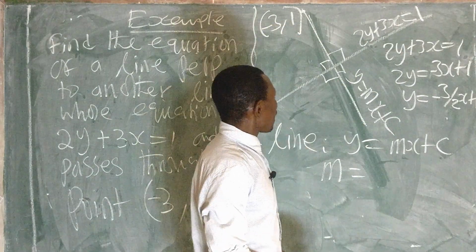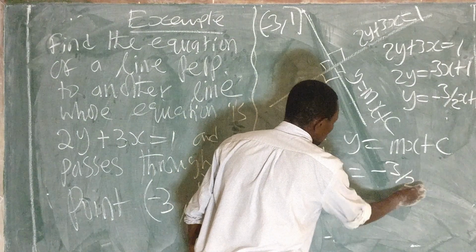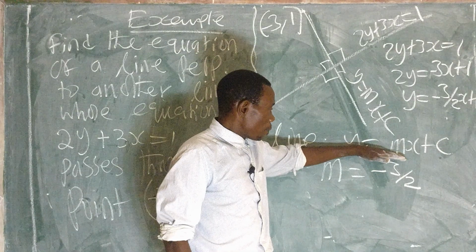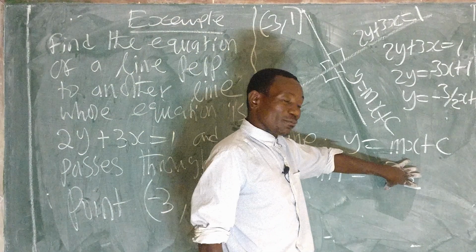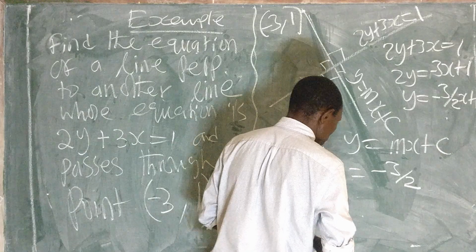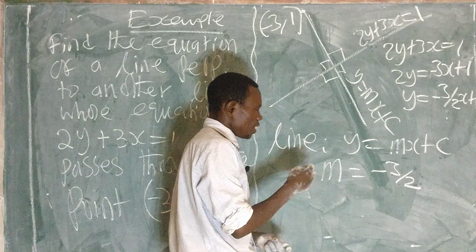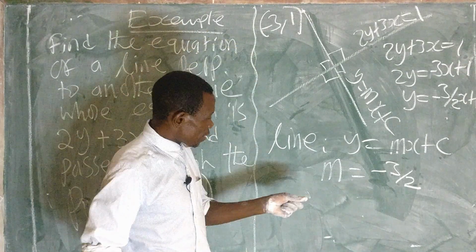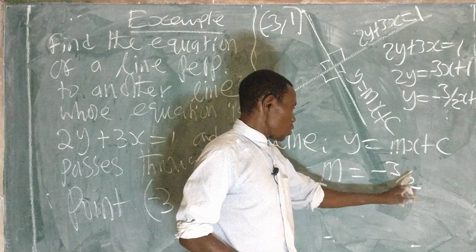So if the gradient of this line is negative 3 over 2, it means the gradient of the line we're looking for should be something that you feel can be multiplied by this one to give you negative 1. So in this case, you try your best to say, if this gradient is negative 3 over 2, then possibly the other value that can multiply by this in order to get negative 1, you can play games with these two values.